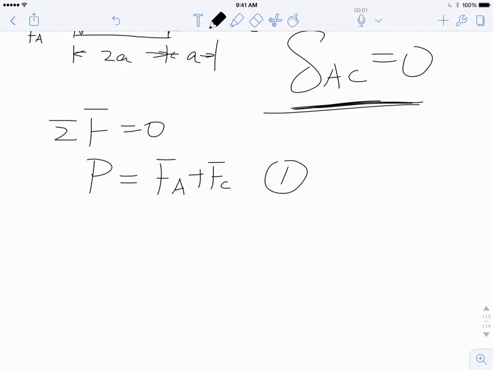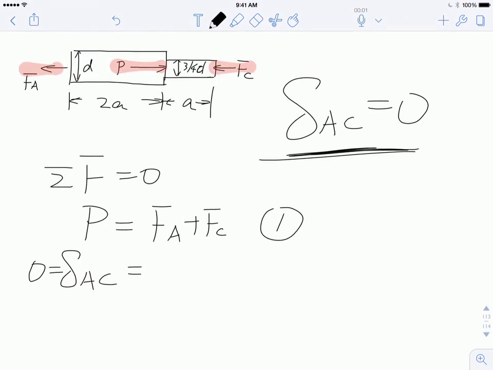Delta AC is equal to 0. And AC is from point A to point B to point C, so AC is nothing but AB plus BC. Now, AB is undergoing tension, so positive displacement.